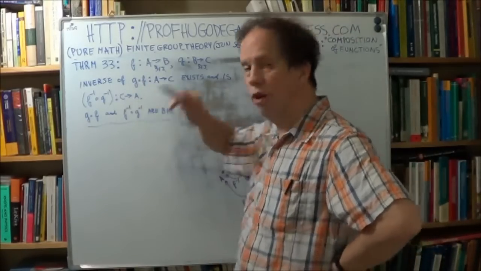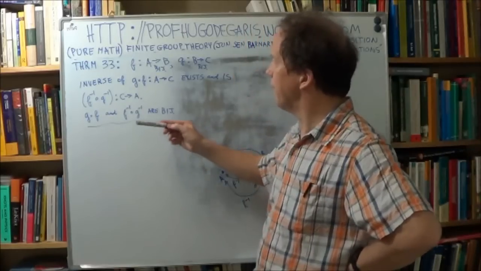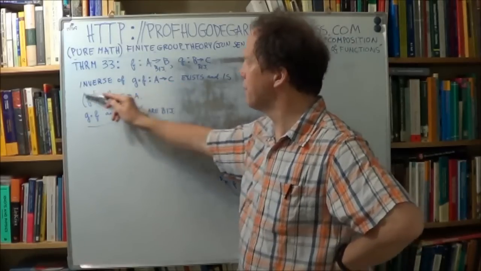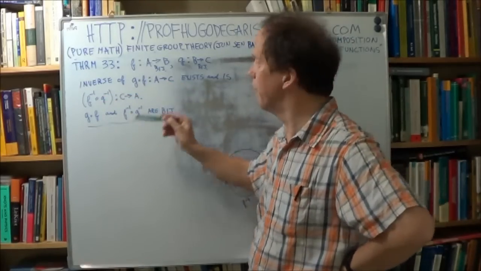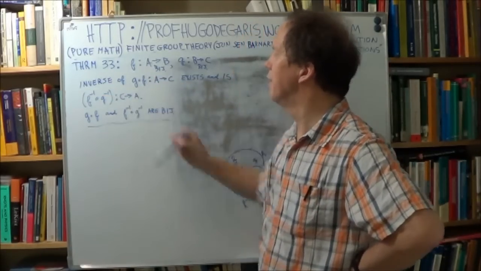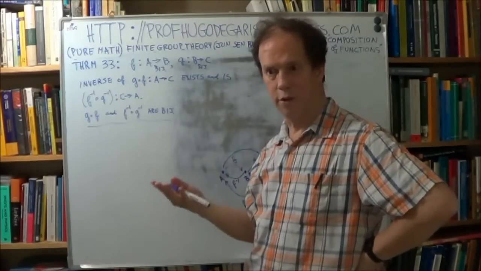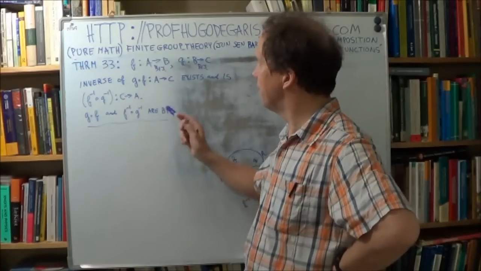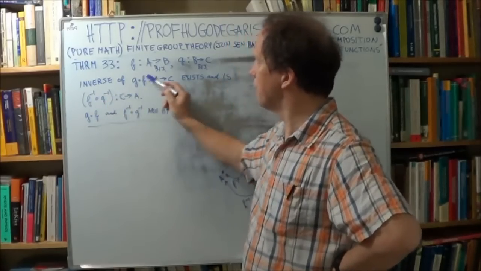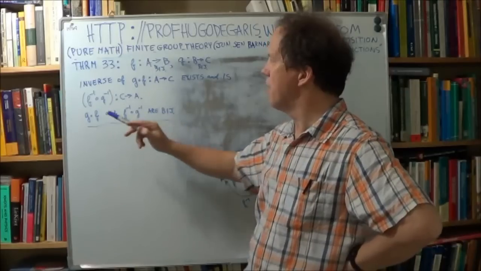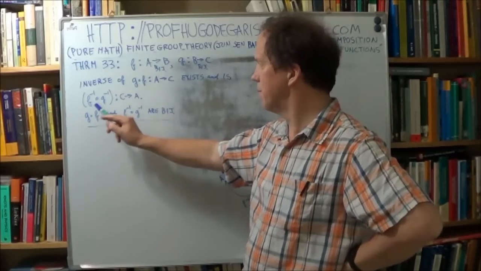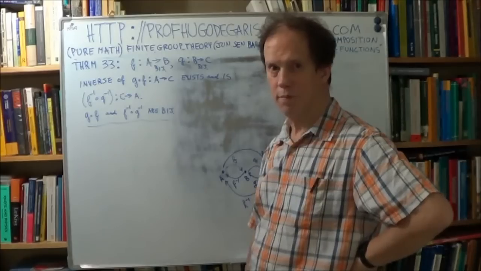Now, conversely, this here is the inverse of that. You assume we can prove that, right? But that's the inverse of that. And therefore, by theorem 30 again, if this is the inverse of that, then this is bijective by theorem 30.